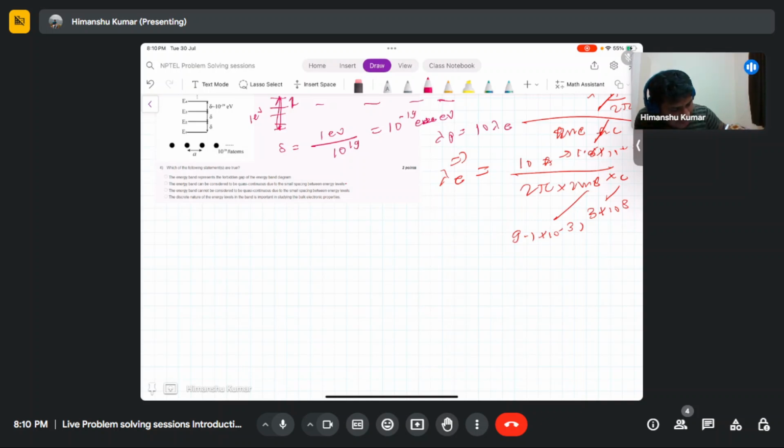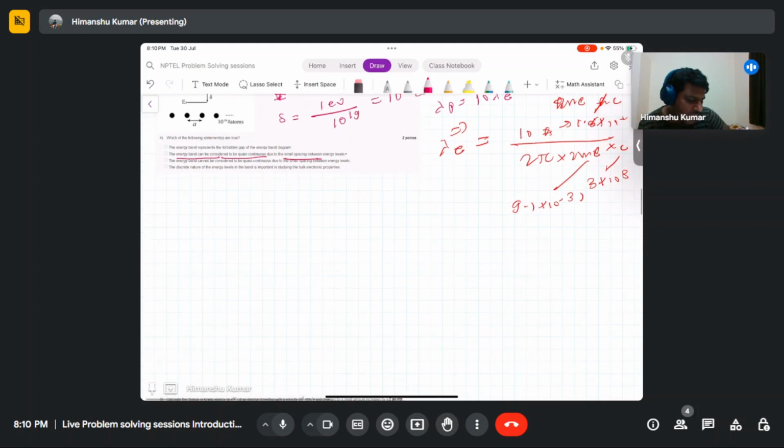The second option is the energy band can be considered quasi-continuous due to the small spacing between the energy levels. You can see this spacing is 10 to the power minus 19 electron volt, which is quite small. Compare that to the room temperature thermal energy, 25 milli electron volt, that is 25 times 10 to the power minus 3 electron volts.